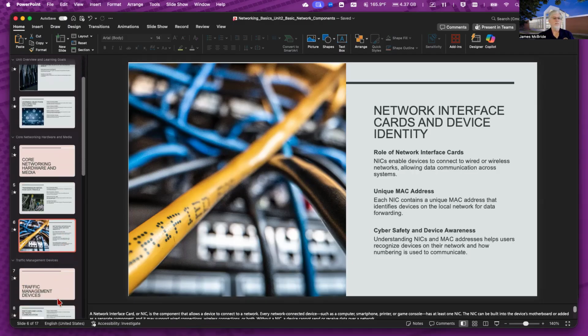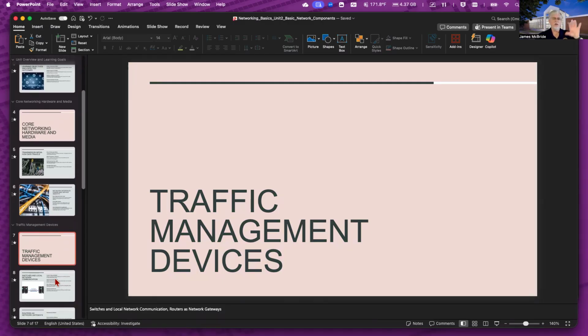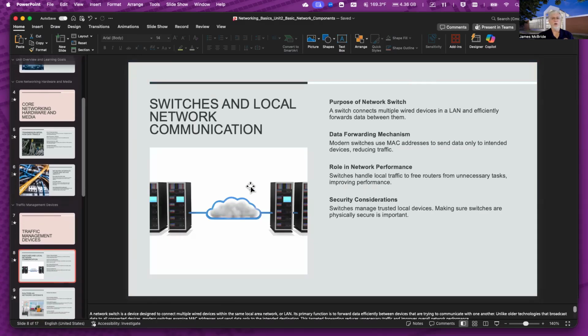All right. Let's take a look at the devices that manage all this traffic and how we really start to connect to the internet. The first one we have is a switch. A switch is really for, as I said, a local area network, just your network.